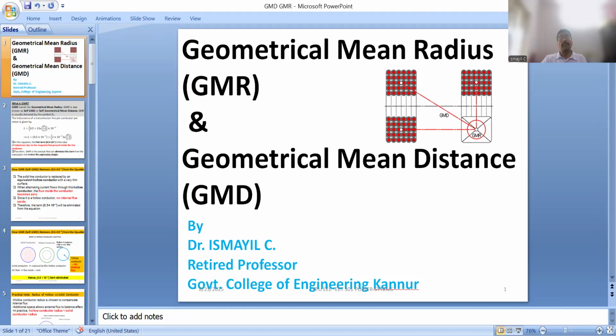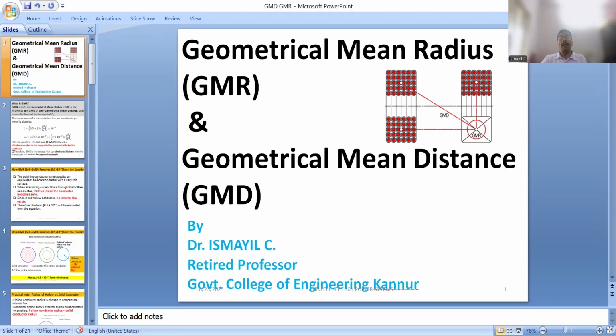So for a single phase case, only 2: 1 phase and 1 neutral. The phase is using 1 bundle and the neutral is using another bundle. But since it is a 3-phase line, there will be 3 phases. R phase, which is using a bundled conductor, in that there will be 2 conductors.